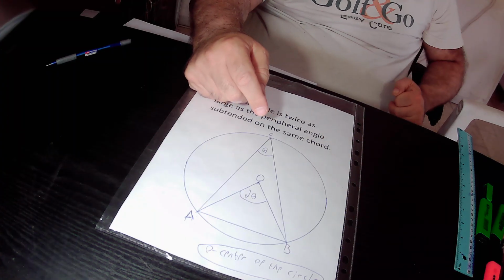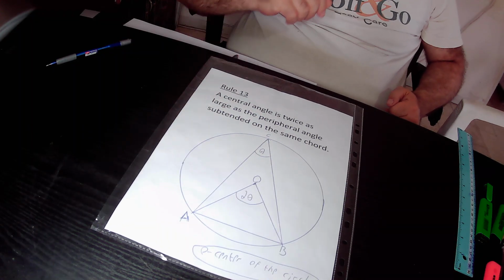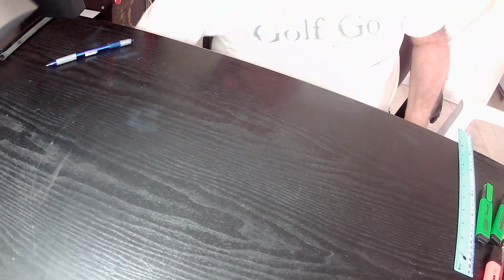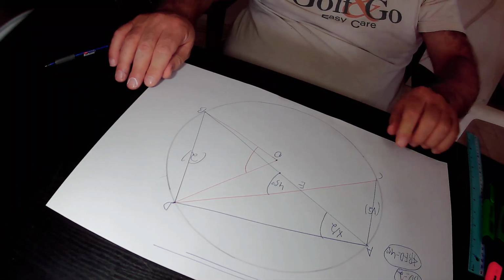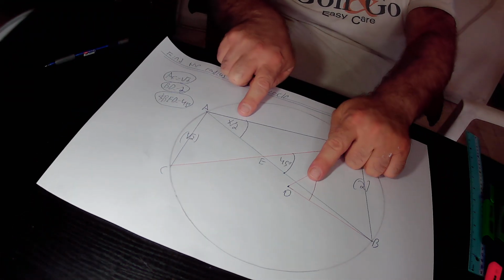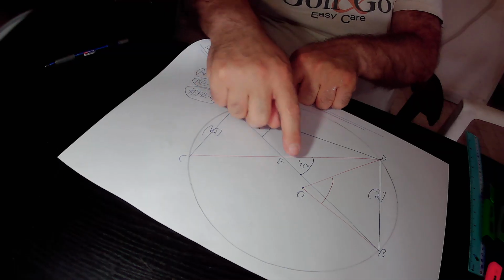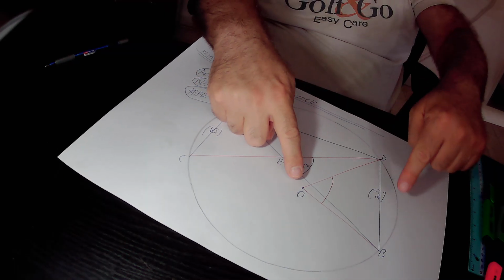Okay, so actually we can implement rule 13 in our drawing. In our drawing, those two angles are both subtended on the same chord DB.